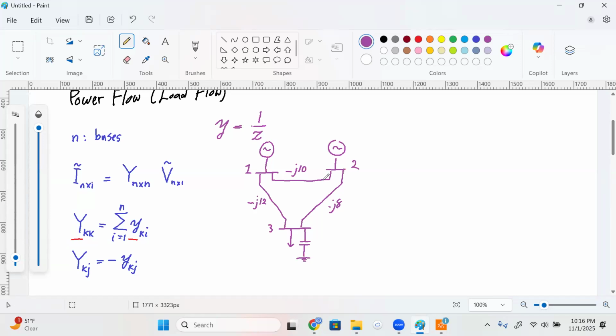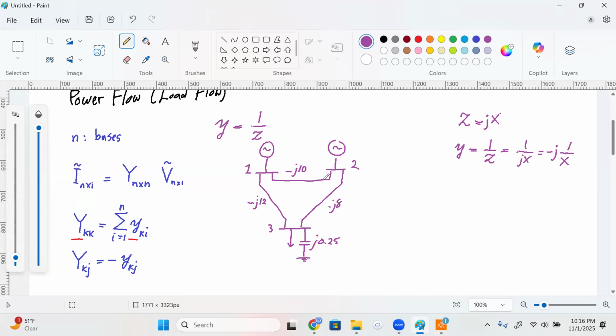Because let's say I'm ignoring the resistances, the series impedance of that line is going to be JX, but obviously if I convert it to admittance, it's going to be 1 over the impedance, which is 1 over JX, and you remember that 1 over J is basically minus J. So when you see minus J for these elements, that basically indicates an admittance. And let's say the admittance of this guy, which is a capacitor bank, is J0.25. And all these values, let's say they are in per unit.